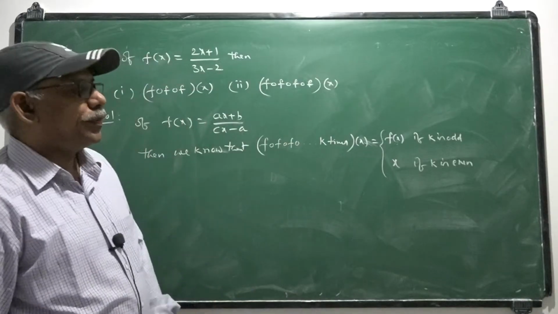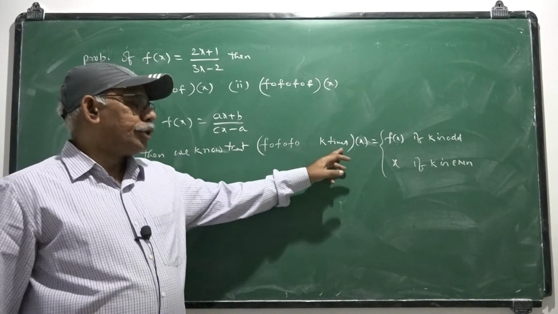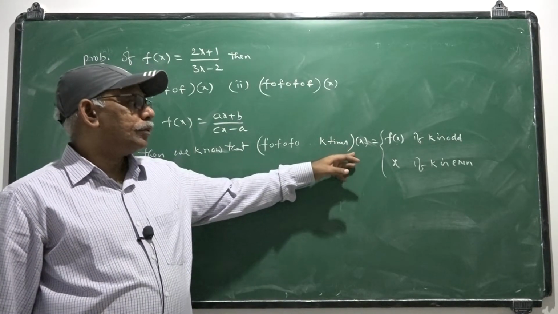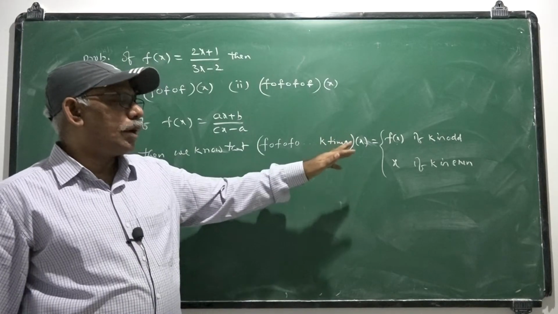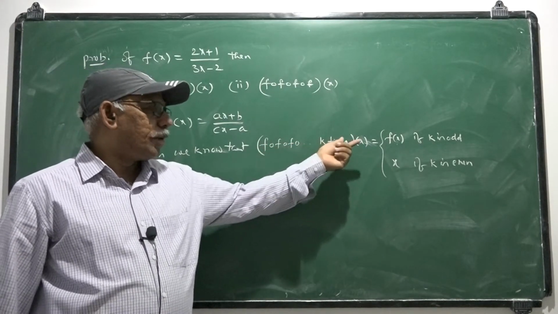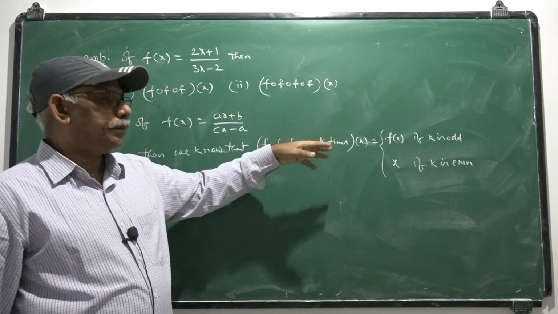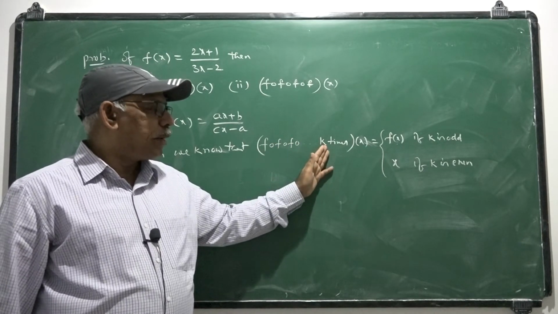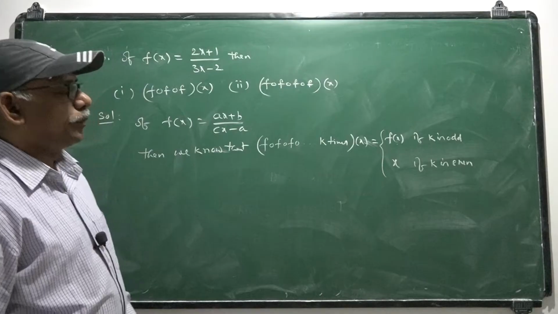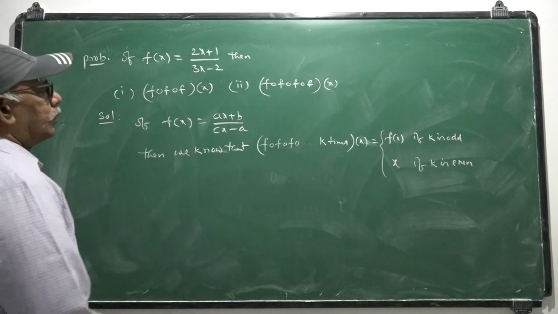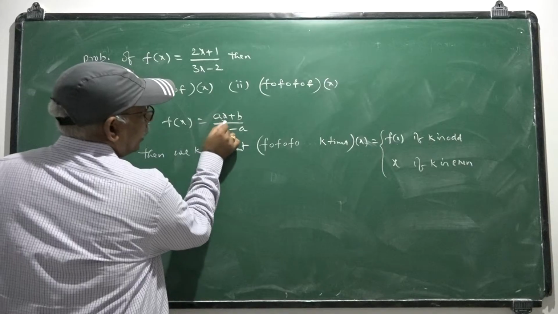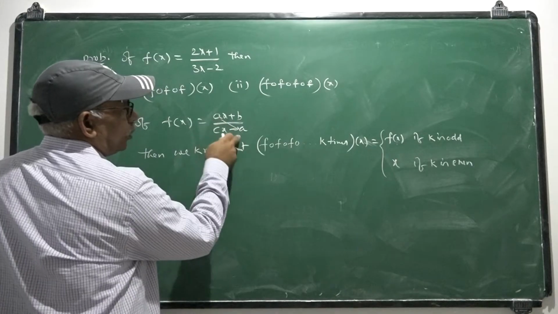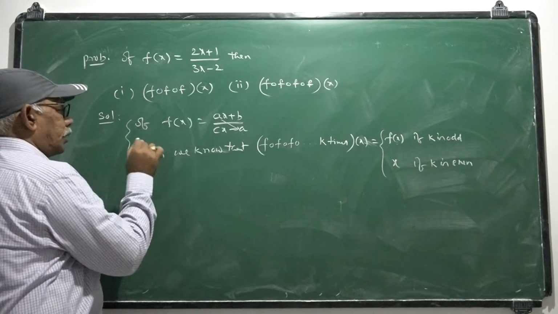Once you take f∘f and so on, k times operating on x, in case of k odd, f is repeated and gives f(x). If f is repeated an even number of times, then it gives x, because here the x coefficient is equal to the constant in the denominator with opposite sign. So that is our concept.